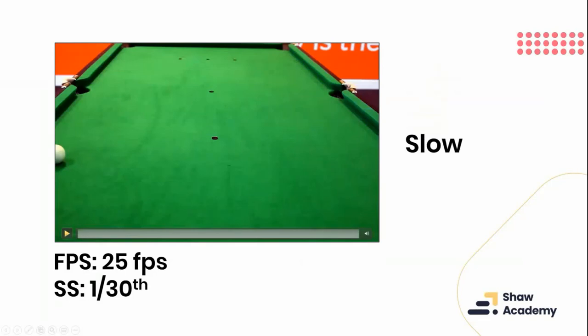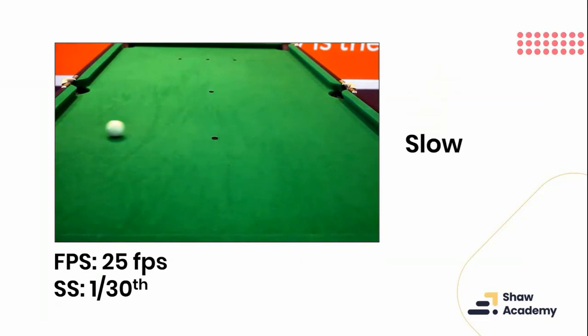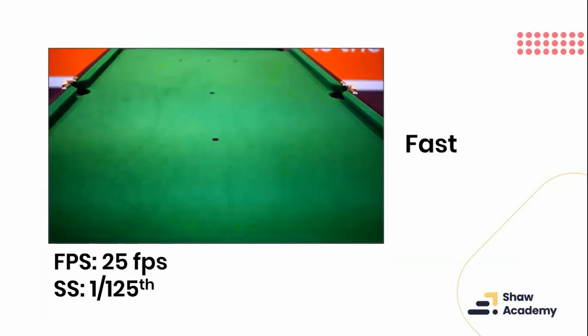Again, still shooting at 25 frames per second because we're keeping our frame rate the same, but we're changing our shutter speed here. So we've got a slower shutter speed now, and you can see there's a little bit more blur. Now don't worry if it's a little bit tricky to see. We'll slow it down and have a quick look at the still images of it. And here we've got a fast one, 125th of a second. And again, you can see much more jittery movement with that.